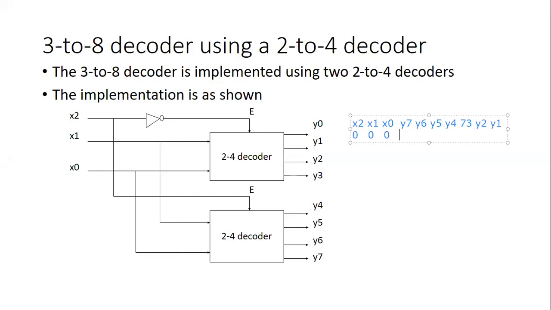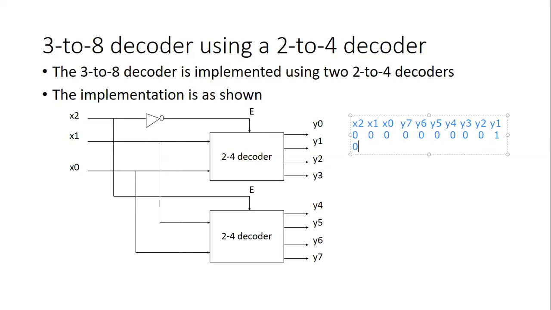For 0, 0, 0, the outputs are all 0 and this will be 1. What does that mean? If I have the combination 0, 0, 0, y1 is working.